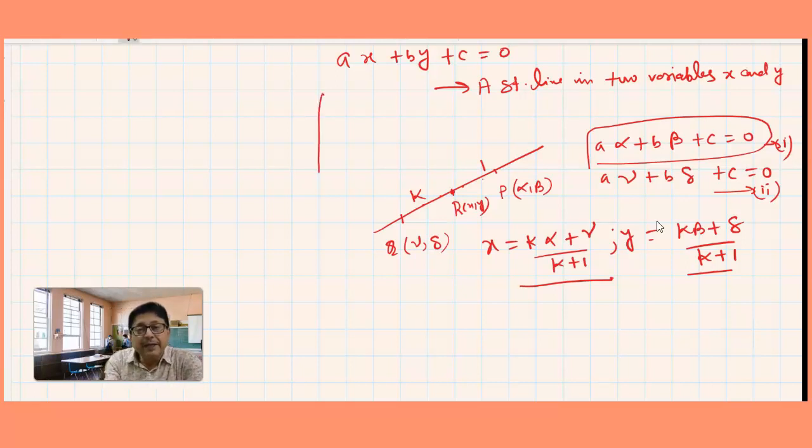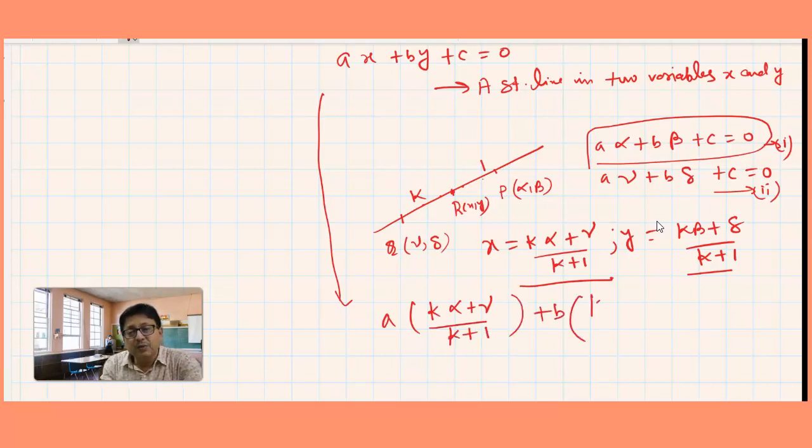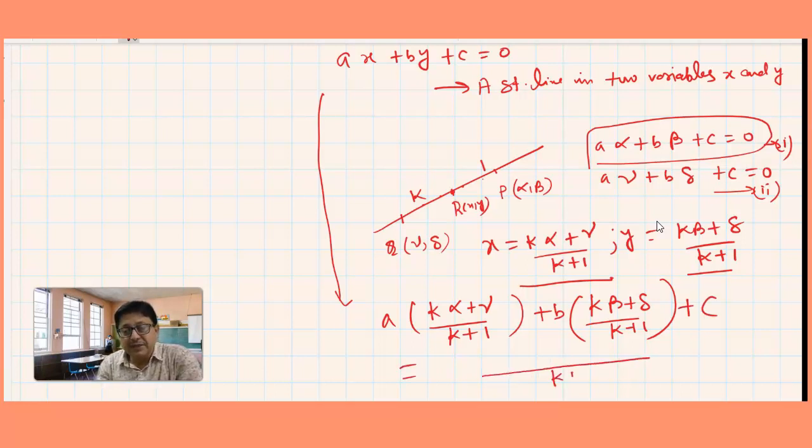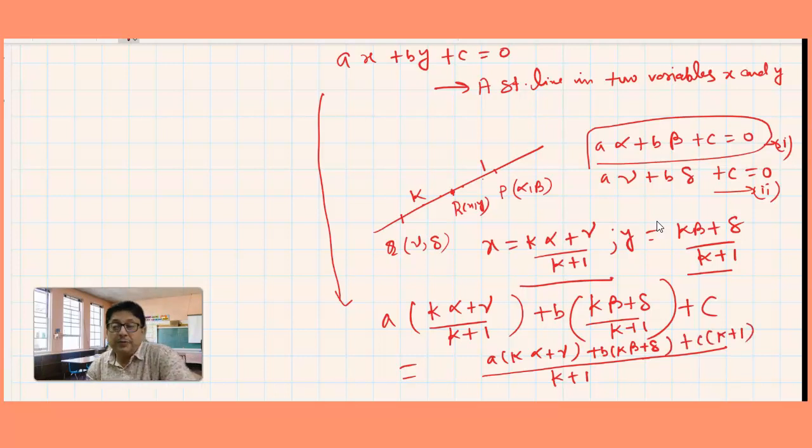Let us see. If I replace x by k alpha plus gamma by k plus 1, and y by k beta plus delta by k plus 1, in ax plus by plus c, then taking the LCM k plus 1, we get a into k alpha plus gamma, plus b into k beta plus delta, plus c into k plus 1. All of you understand?